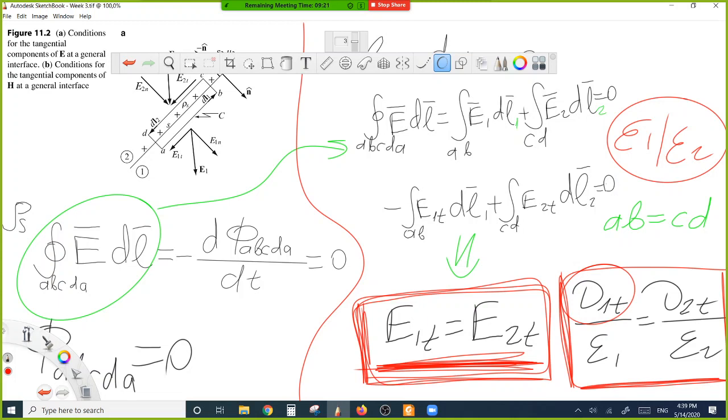In previous classes, we derived the boundary conditions for static electric fields, and both boundary conditions are the same. In both cases, the tangential components of electric field intensities are continuous on the interface.